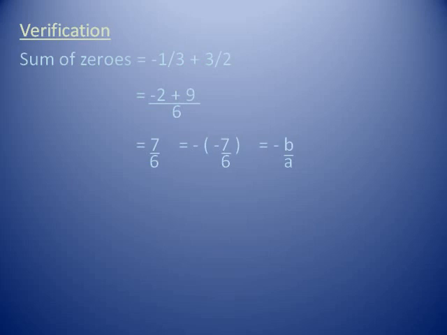And we can write it as minus (minus 7 by 6). Now since minus 7 is the value of b and 6 is the value of a, so it will be equal to minus b by a. Therefore alpha plus beta is equal to minus b by a.